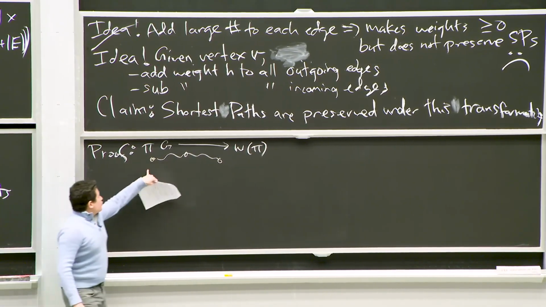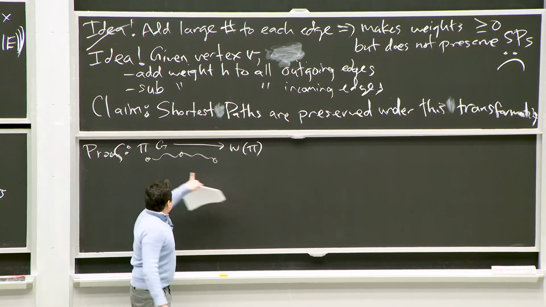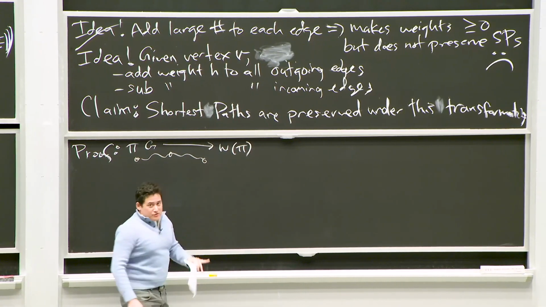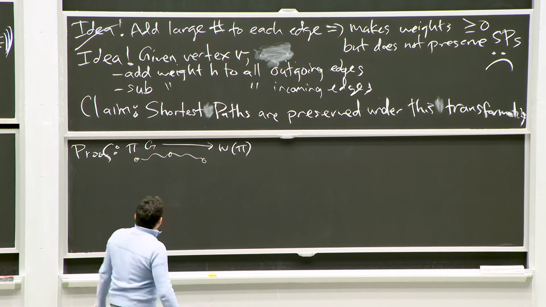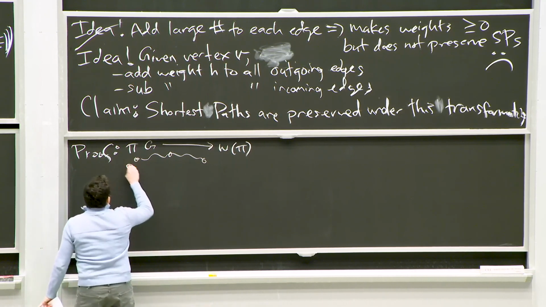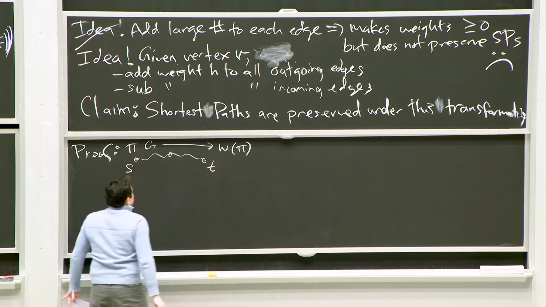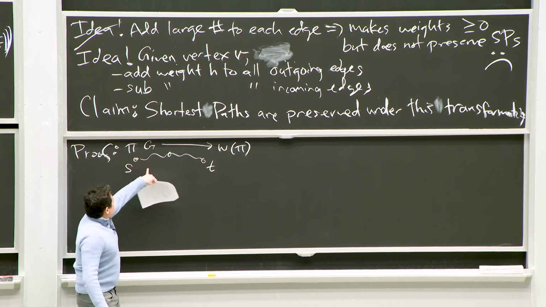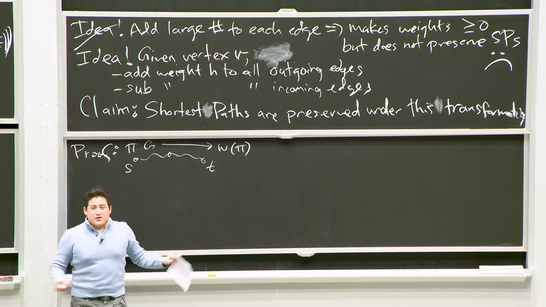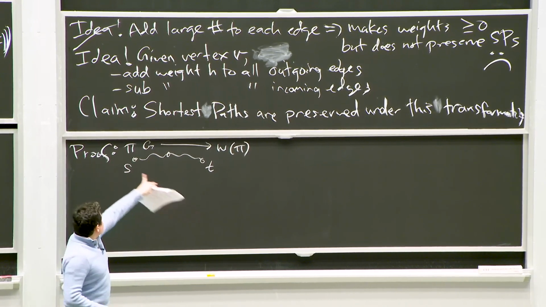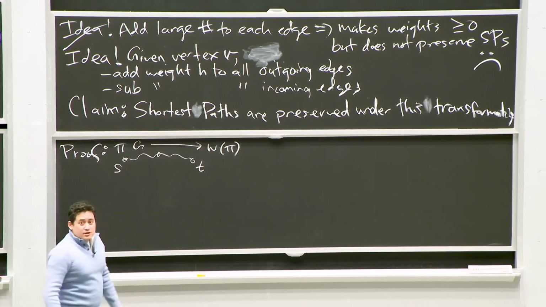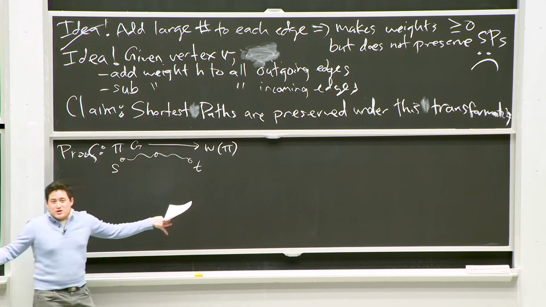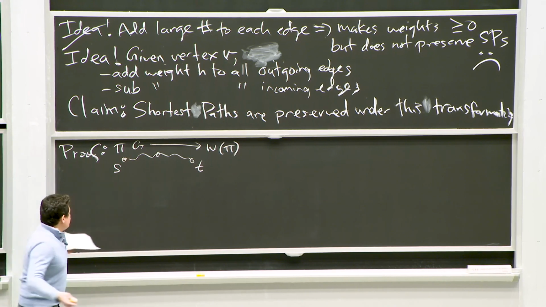It goes through V some number of times. So I'm going to say this is going from S to T. If it never touches V, the vertex that I transformed, then I argue that the path weight is the same, right? Because I didn't do anything to edges that are in this path.